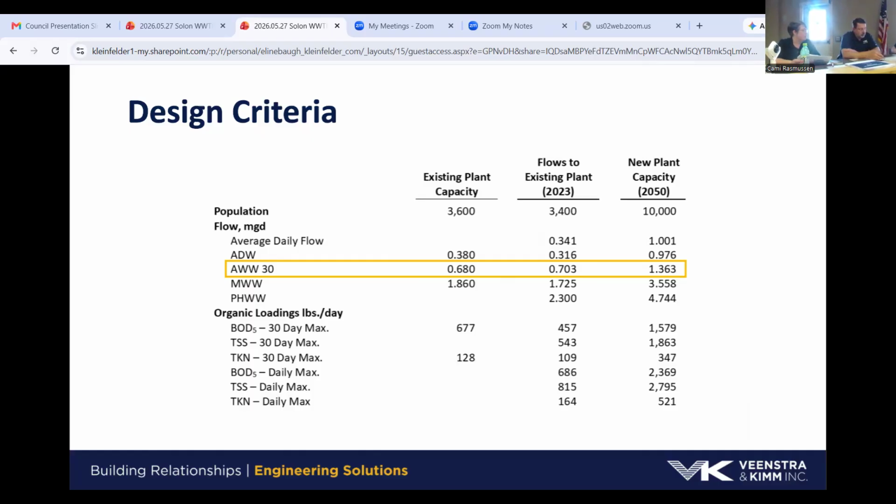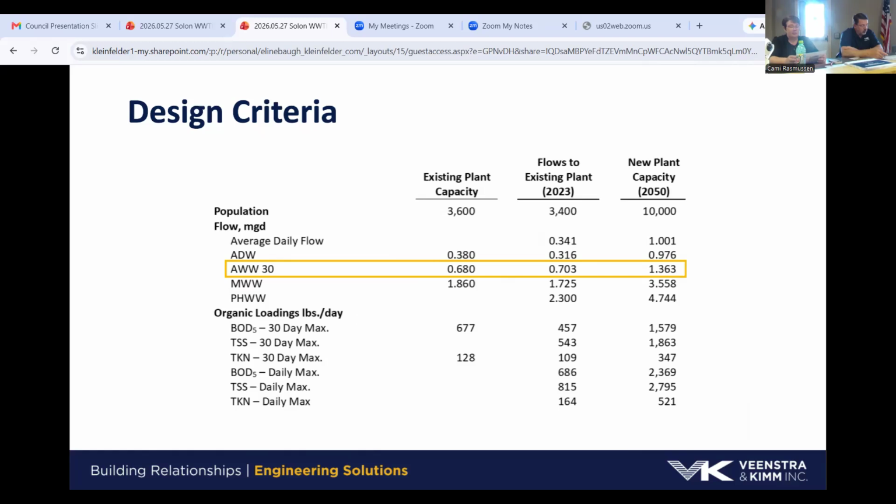These are in 2023 when the planning originally started for this. And you can see when you compare those two columns, basically we're at capacity right now. That doesn't mean that the treatment plant will fail right away, but it does limit you somewhat to expansion, growth, that kind of thing. And if you start having violations, then you could be in a real bad position.